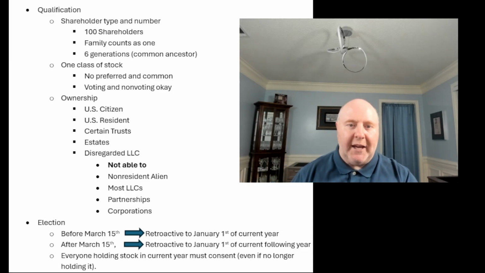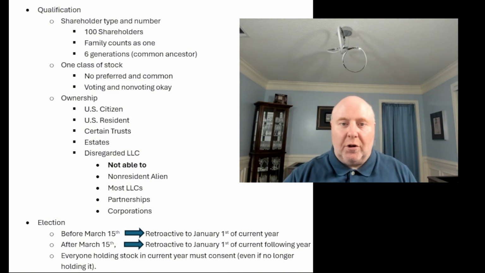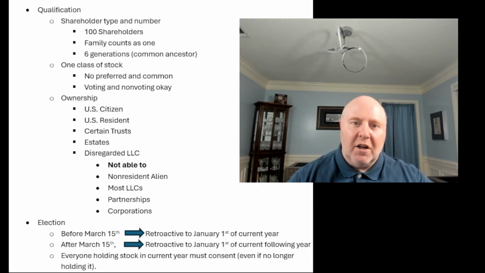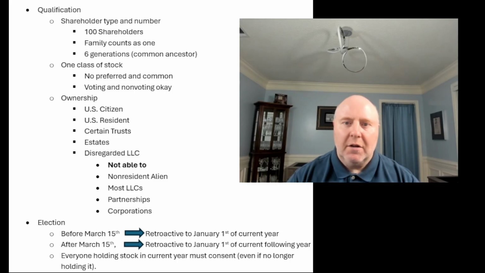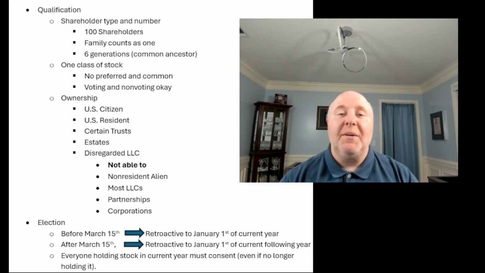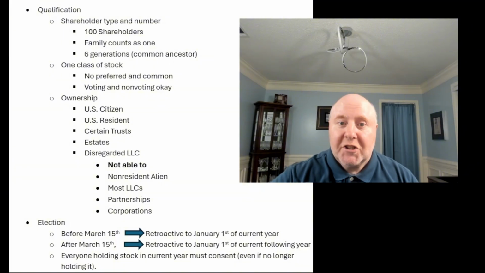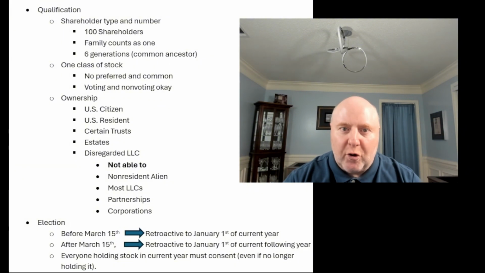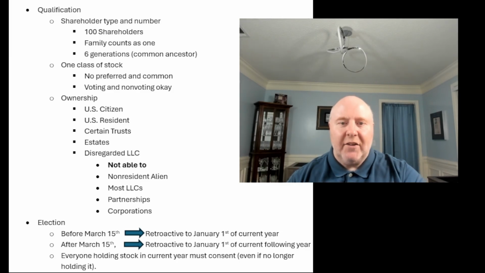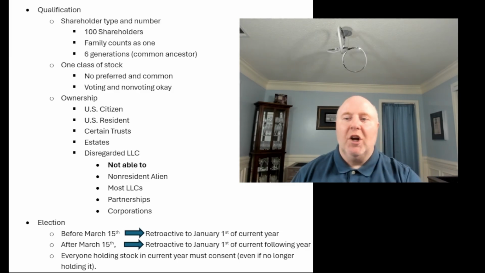So maybe you try making your election on March 4th, but you had a shareholder who held shares until February 8th, and then they sold their shares. When you made the election, about a month later, they don't own shares anymore. Doesn't matter. Your owner who sold their shares in February still has to consent. Without their agreement, you cannot become an S Corp in the current year. You have to wait until January of next year.